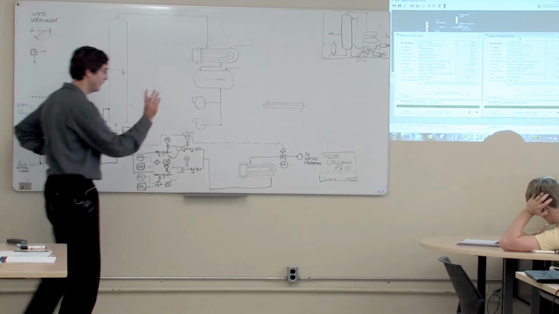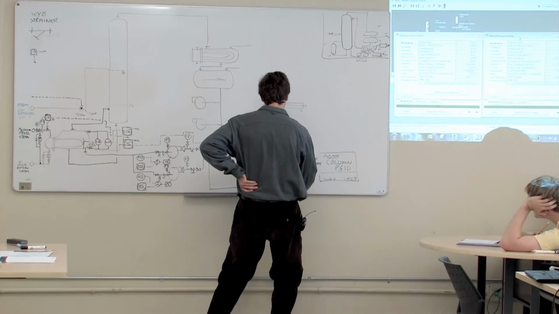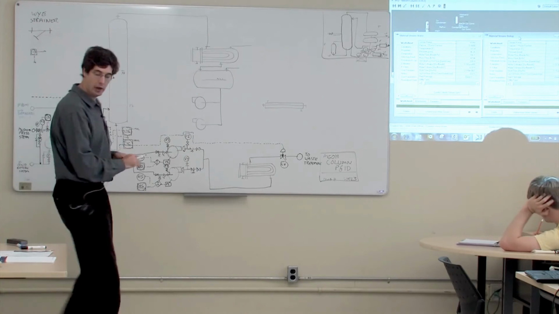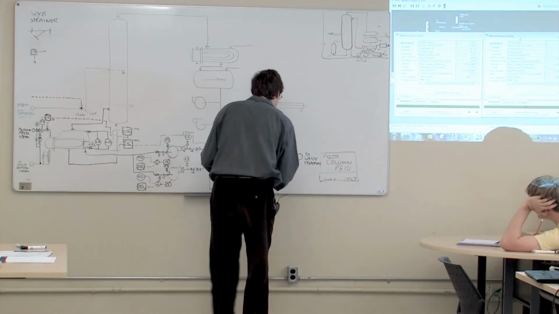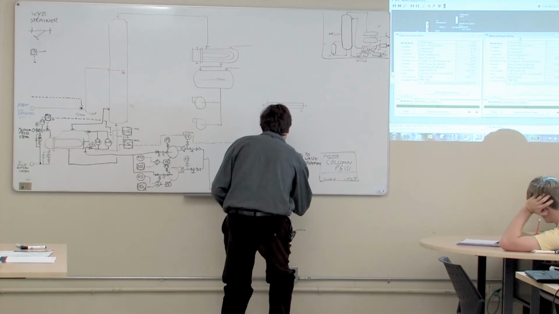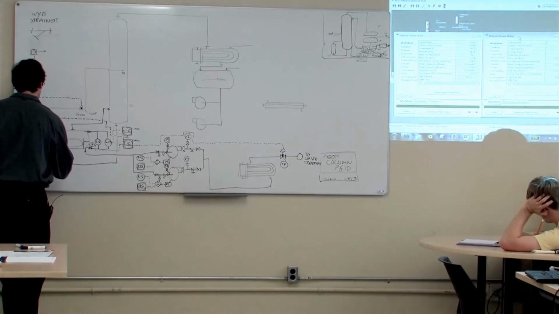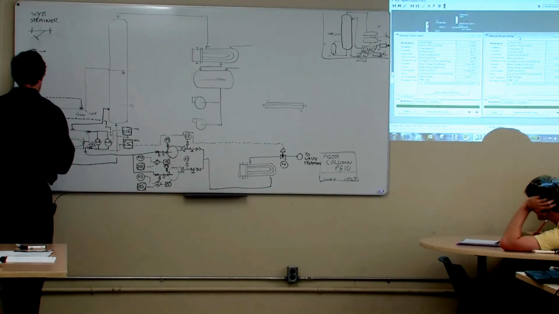I don't want to do that. Let's make it a fail-close valve. Done. And that's not an LV, that's a TV now. And that means that this is an FV. There we go.